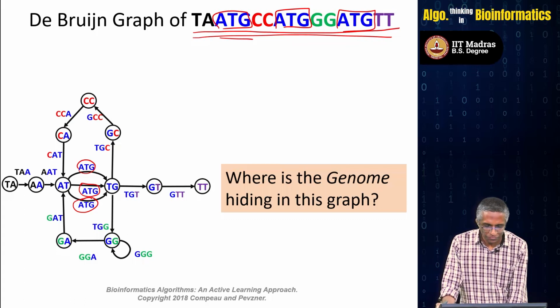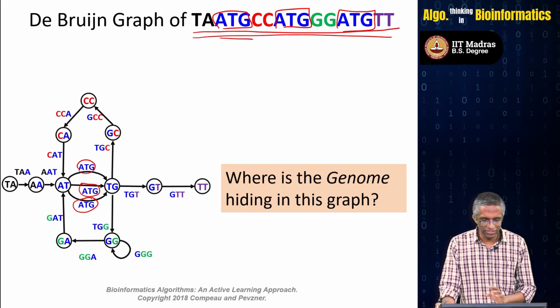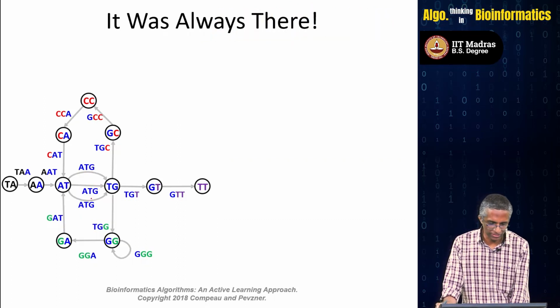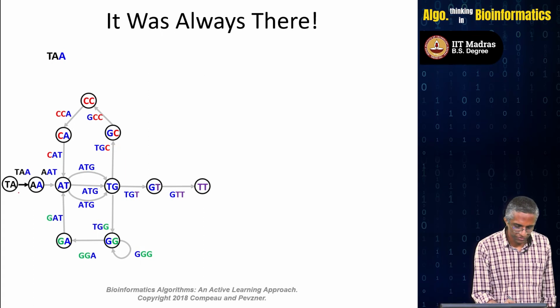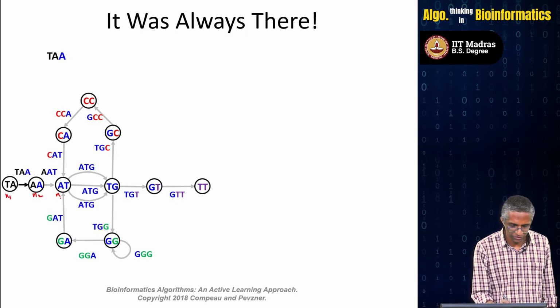Okay, and the genome is hiding in this graph. Yeah, it's a path that covers every edge exactly once, and we can see that now. So we have a TAA, and then you go to the next node. So this is the first edge you are visiting, right? So first node you are visiting, the second node you are visiting, the third node you are visiting along these edges, right? So E1, E2, and so on, right?